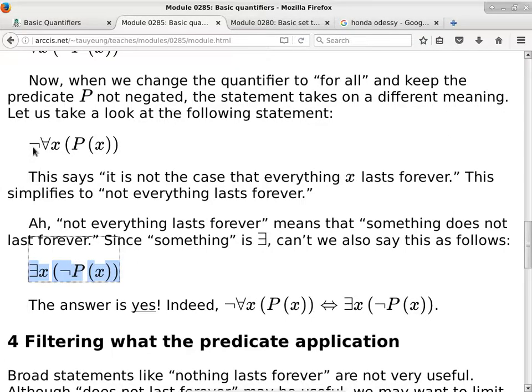It is not true that for all x, P of x is true. That means there's at least one x such that P of x is false. Logically, they are the same. One has the negation on the outside, the other has the negation on the inside, but you also have to change the quantifier. The for all quantifier has to be changed to a there exists.